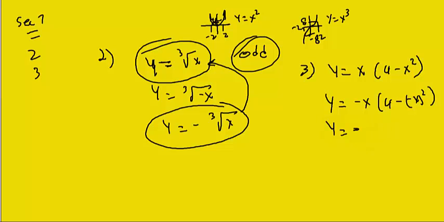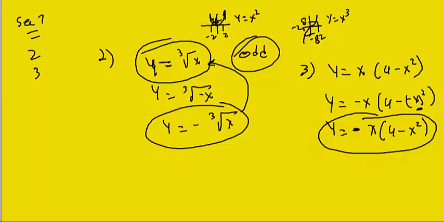Y is equal to negative x, all that times 4. When you square the negative x, you're going to get an x squared. Okay, is this the same as that? Is that the exact opposite of that? Or is it neither?